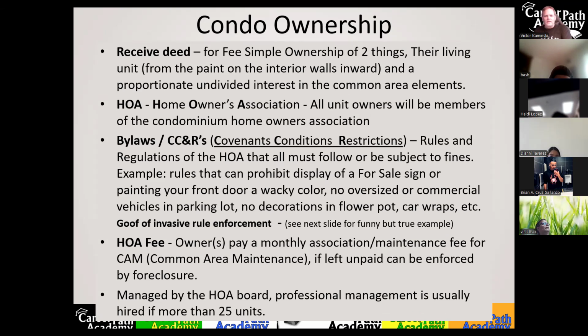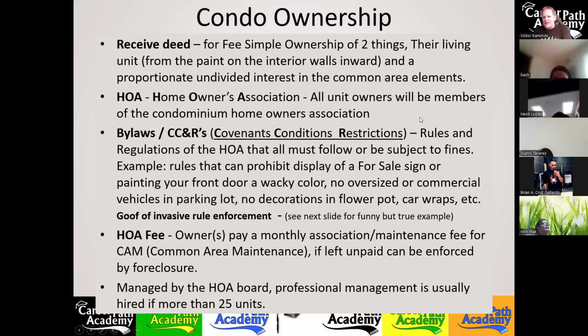And so, what do you get when you buy into a condominium? You receive a deed for fee simple ownership of two things: your living unit from the paint on the interior walls inward, and a proportionate undivided interest in the common area elements.